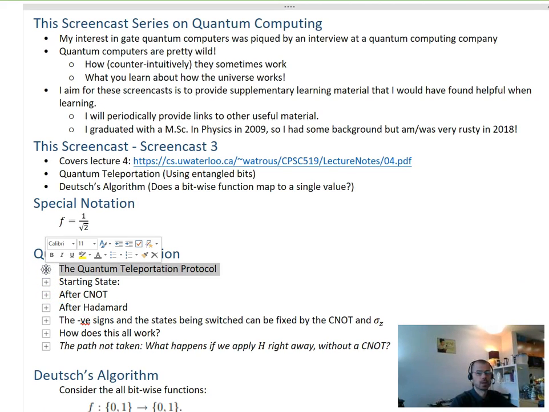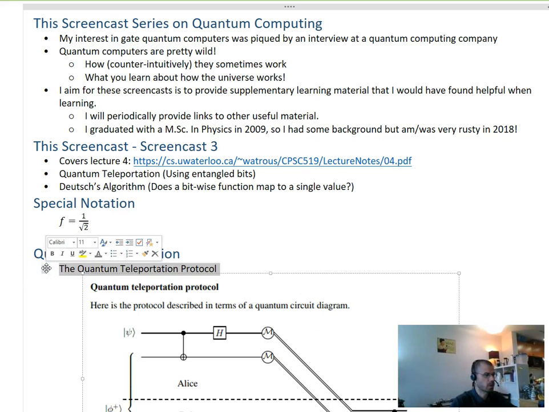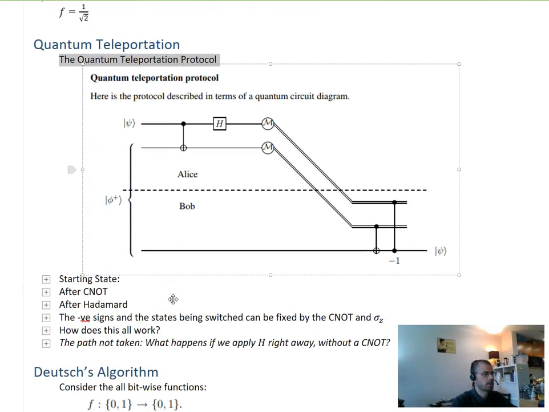Cool. So, quantum teleportation first. Let's go over the protocol. Here it is. So, what we have here is we've got psi, which is an input state, and then we're inputting the single state phi in 2 places, which means they're totally entangled to start with.